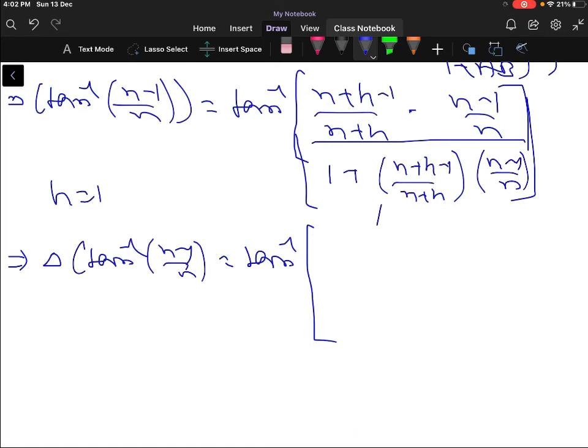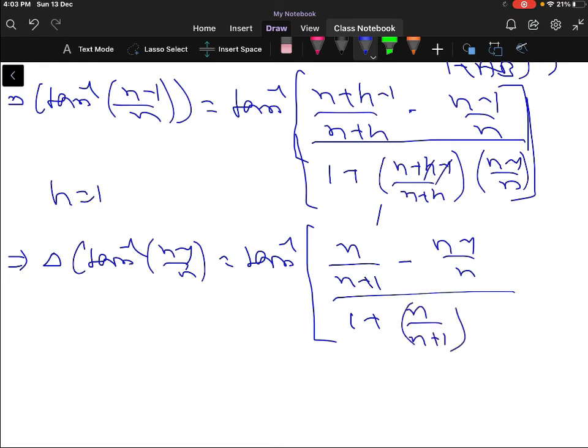So this implies delta of tan inverse of n minus 1 by n is tan inverse of, when h is 1, 1 minus 1 gets cancelled, so that is n by n plus 1 minus n minus 1 by n divided by 1 plus n by n plus 1 into n minus 1 by n. So this n gets cancelled here.